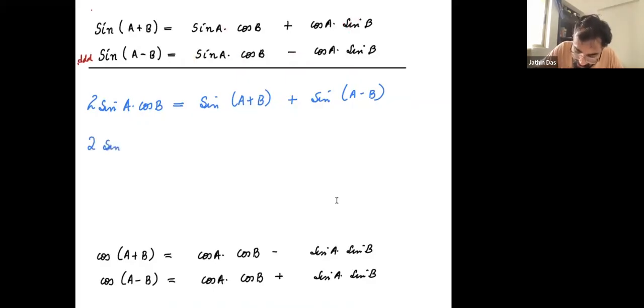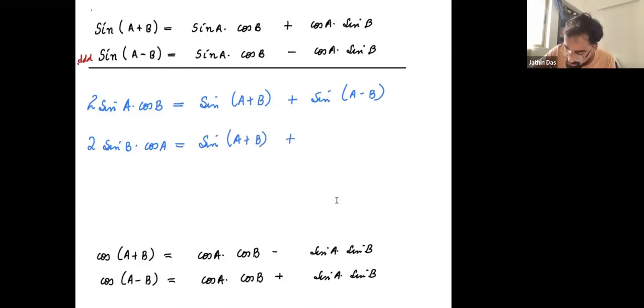But can I write it as sin B into cos A? No, I told you. Whenever you see a sin and cos, give preference to the sin's angle. I do it like that. Okay. So for sin A cos B I'll take sin A plus B plus sin A minus B. So here it will be sin B plus A, well, A plus B and B plus A are the same.